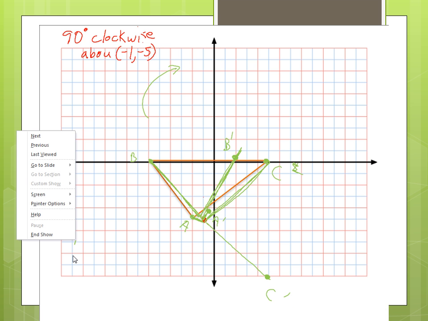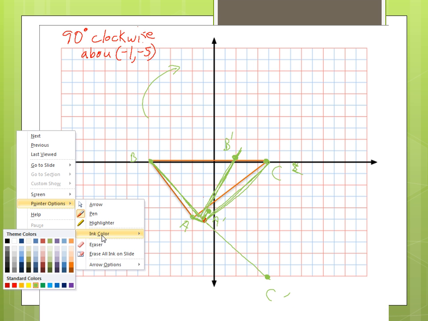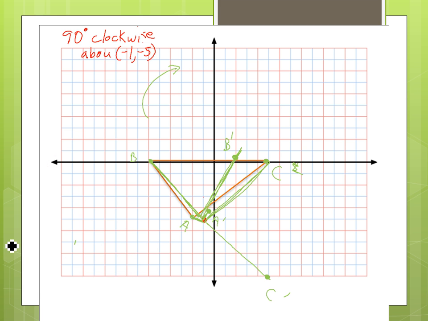Just change the colors on these so we can connect them. Let's go with red. No, we already had red. Let's go with black. So this is B prime, C prime, and A prime is right here.